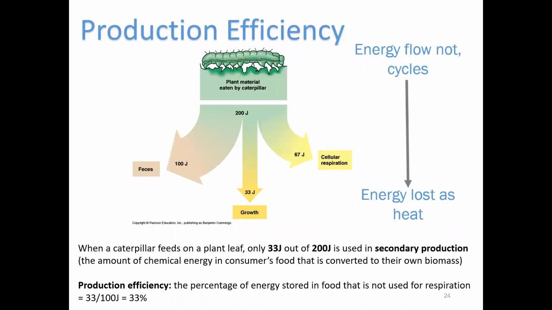So, production efficiency. Here we have a herbivore, and this herbivore is eating 200 joules of plant material. 67 joules is lost to heat, 33 joules is used, and 100 joules is lost to feces. Now remember, the feces are going to be eaten by detritivores, and most of that energy isn't going to get lost as heat.